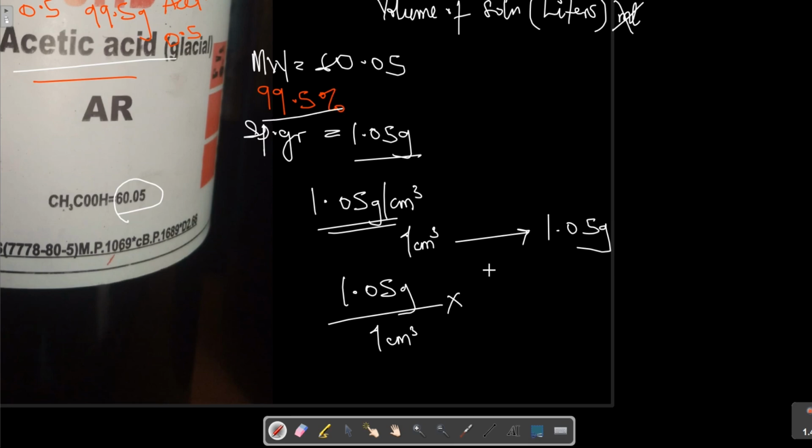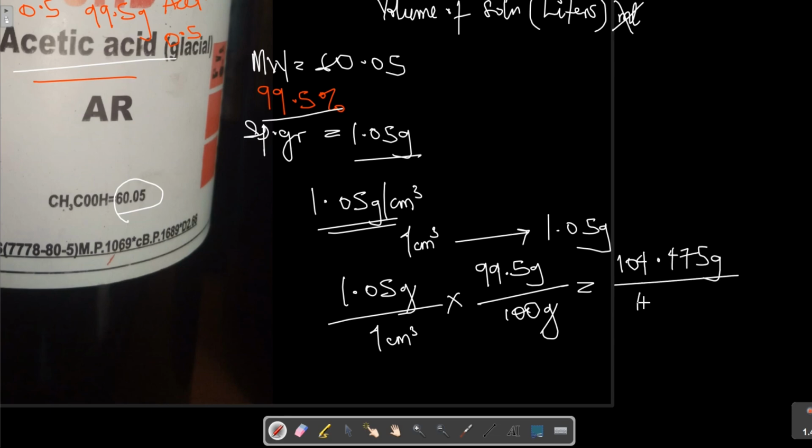Take note, percent is over 100, which is 99.5 grams over 100 grams. So when you multiply 1.05 grams by 99.5 over 100, grams cancels grams, and you have 104.475 grams over 100 cm cube.